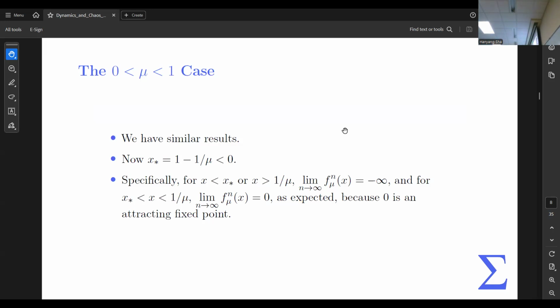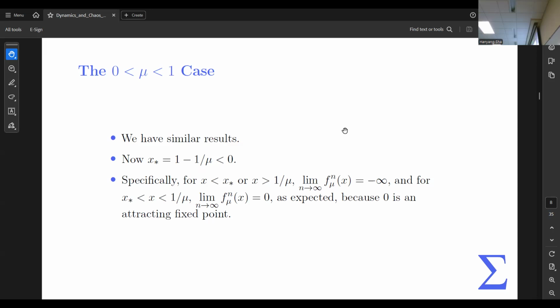And then for mu between 0 and 1, the results are similar, but now the attracting fixed point is at 0, and the fixed point 1 minus 1 over mu will be repelling, and that thing will be less than 0. The other fixed point that's not at 0 is down here. So basically you can follow the same argument.